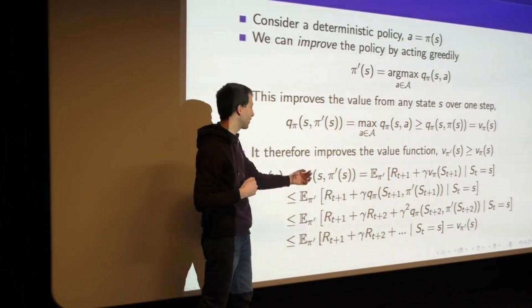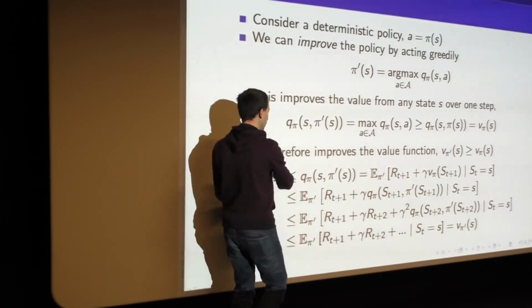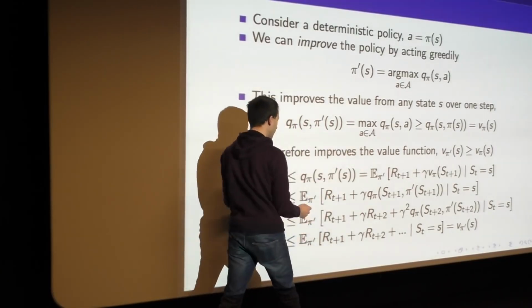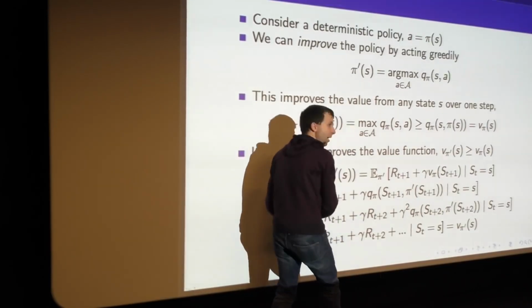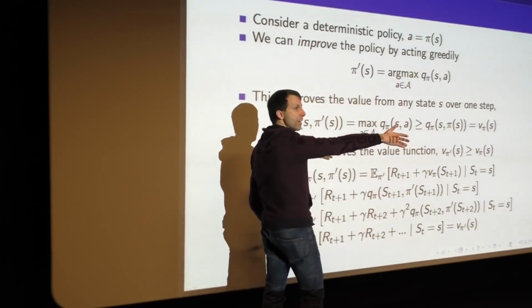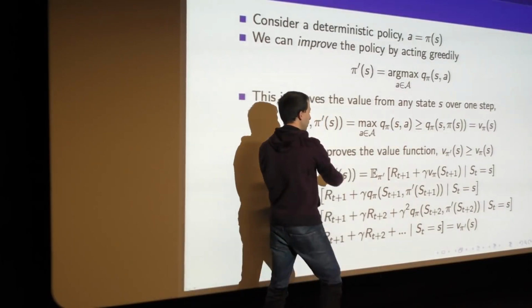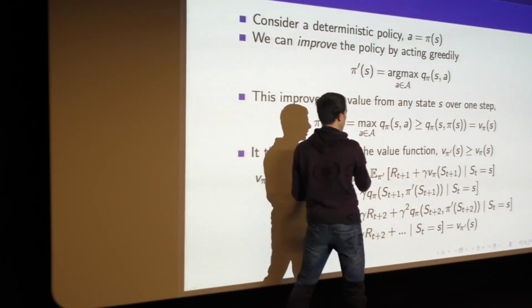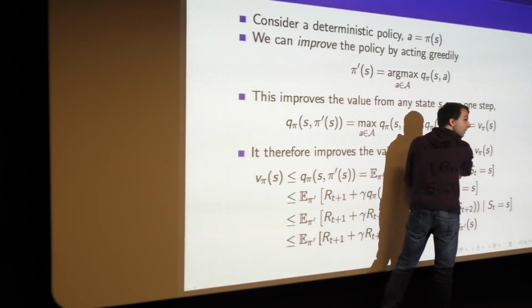If we follow our greedy policy for one step, it's better than what we started with. And all we're going to do is unroll this inequality multiple times to show, first of all, that it's better for one step, then for two steps, then for three steps, and then eventually for the whole trajectory. Specifically, we unpick q in terms of the Bellman equation: the definition of q is the reward plus the discounted value at the next state.